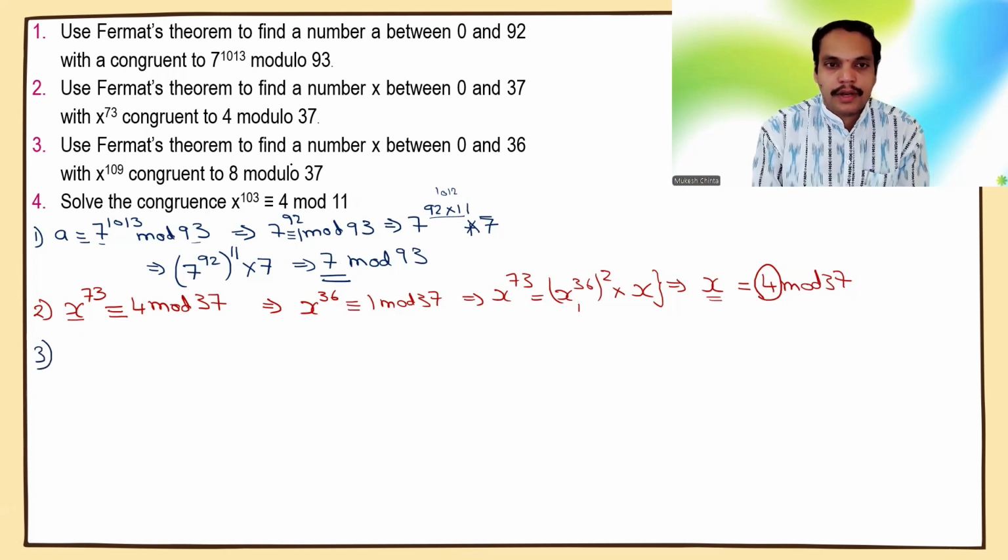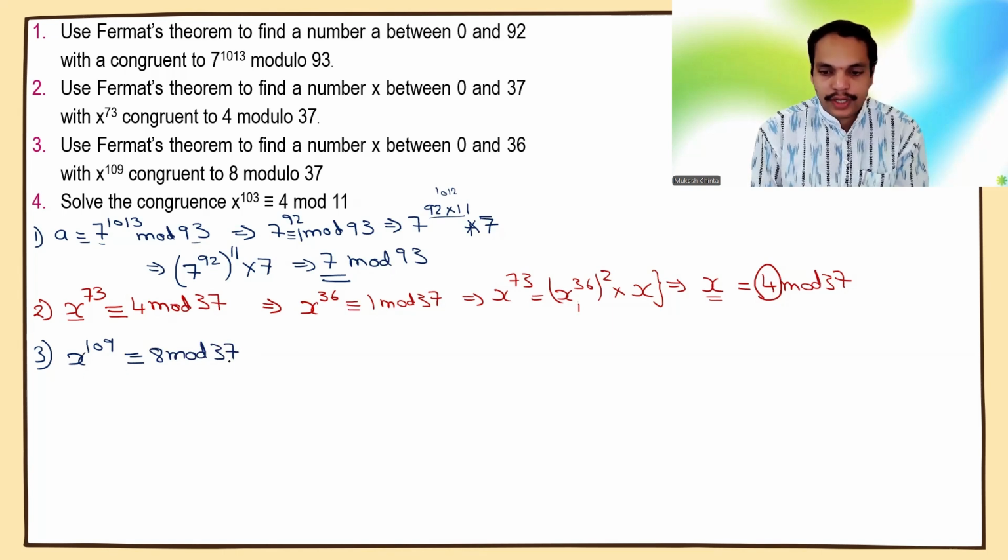Using Fermat's theorem, find a number x between 0 and 36, once again it is asking that x power 109 is congruent to 8 mod 37. Now once again you have to assume that x is relatively prime to 37, which implies x power 36 is congruent to 1 mod 37.